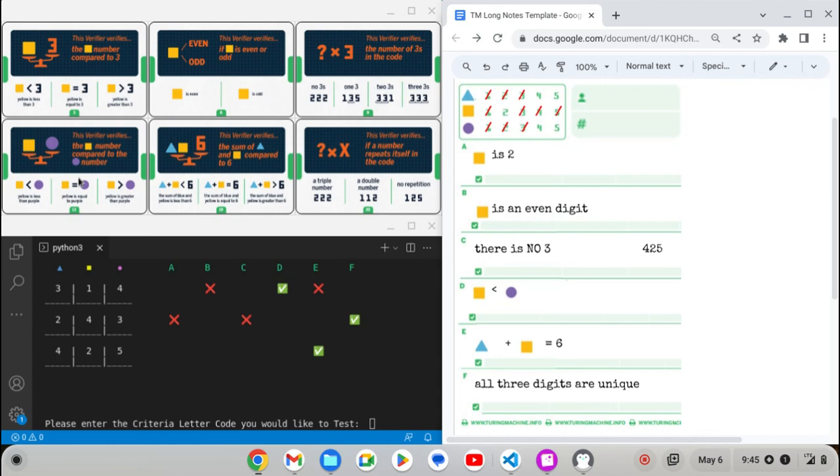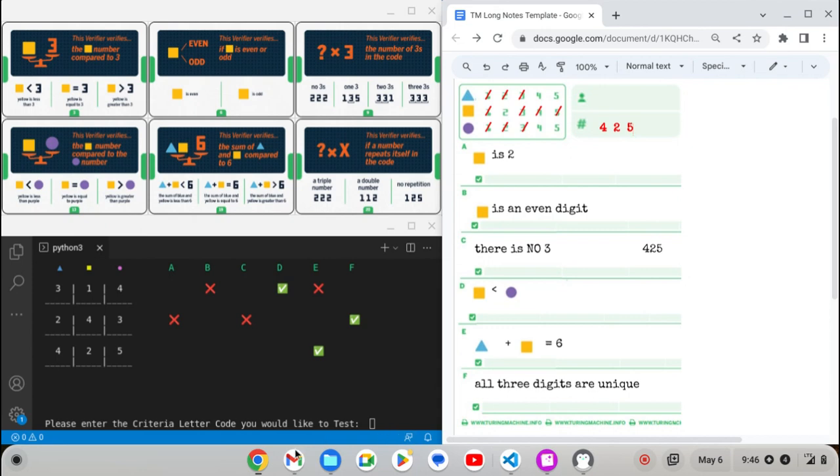Criteria D compared square and circle. Is circle bigger than square? Yes, 5 is bigger than 2. Is the sum equal to 6? It is, 4 and 2. And are they all unique? Yes. Okay, so I feel confident that we have our code here, and that's 4 2 5.